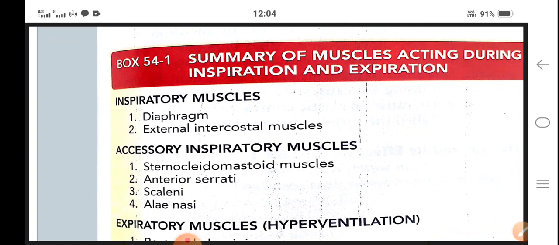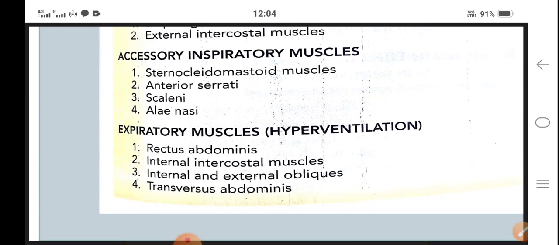A few accessory muscles are also involved in inspiration: the sternocleidomastoid muscles, anterior serratus muscles, scalene muscles, and levator muscles. The muscles responsible for expiration are the rectus abdominis, internal intercostal muscles, internal and external oblique muscles, and transversus abdominis.